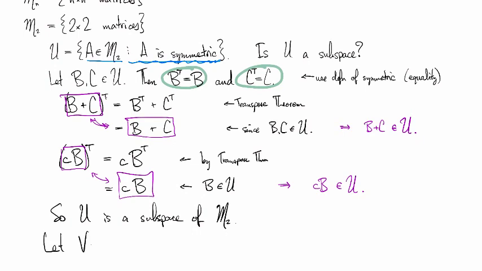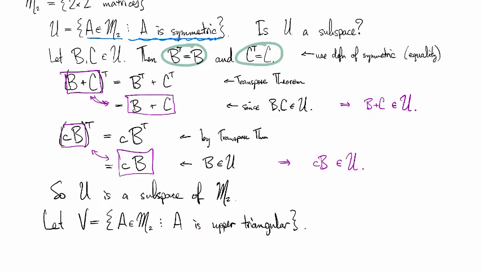What if we let V be all those 2x2 matrices which are upper triangular? Maybe you can see just by thinking about it that this one's going to work out as well, but let's go through the steps. I didn't bother to check the 0 for this last one, but for this one, maybe I should.